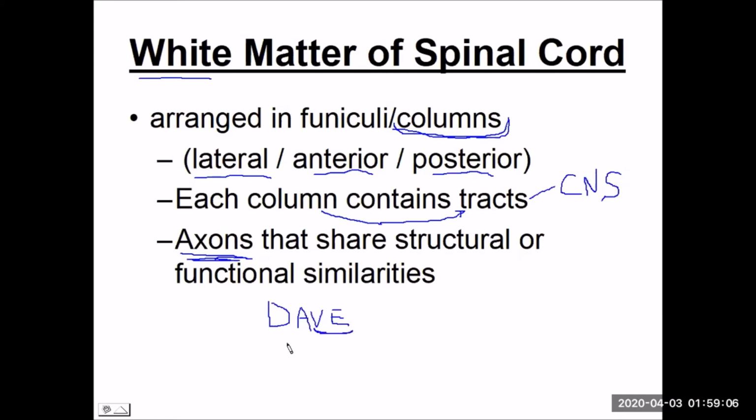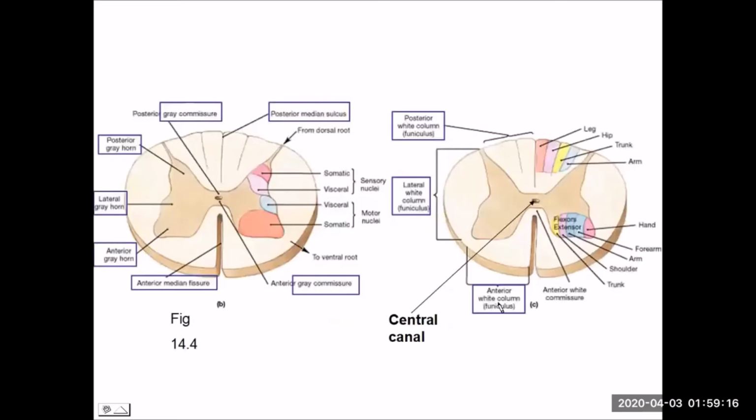And the posterior white column, the dorsal white column, would have a sensory function. So again, DAVE is going to be very helpful. So just simply put, again, the anterior white columns just based on location. And of course, they're paired for each side, right and left portions.